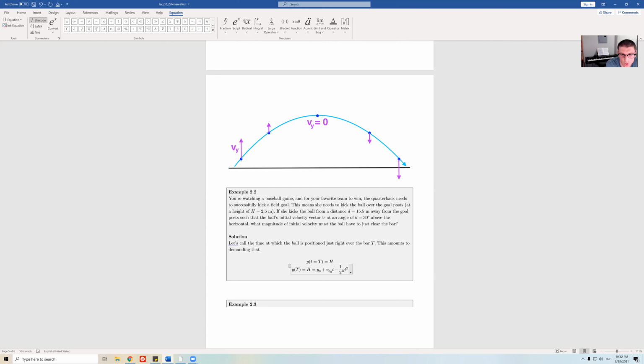So we can say that the initial position of the ball is at x equals 0 and y equals 0. And with that, along with substituting in for the explicit representation of the initial y velocity, our equation starts to look something like this. So y naught is 0. Breaking the initial velocity into its components, we would find that the initial y velocity is just v naught sine theta. And then everything else about the equation stays the same.